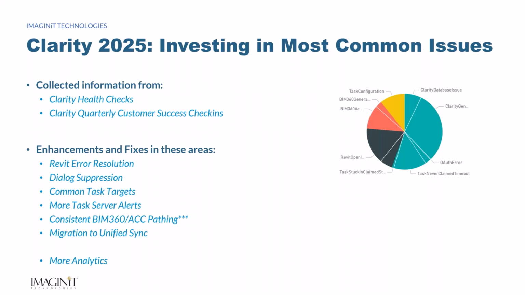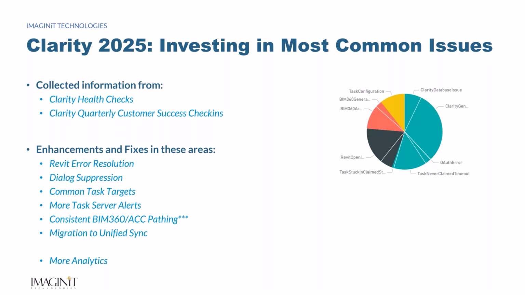So moving into what is in the Clarity 2025 product beyond the simple Revit support, a lot of what we did in the Clarity 2025 product came from 2 sources. We do quarterly health check-ins with people who are on a particular subscription plan with us for Clarity.